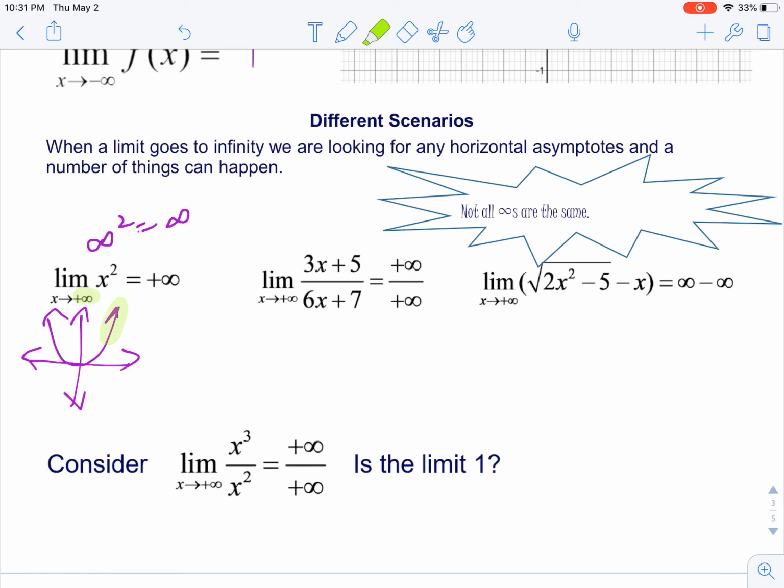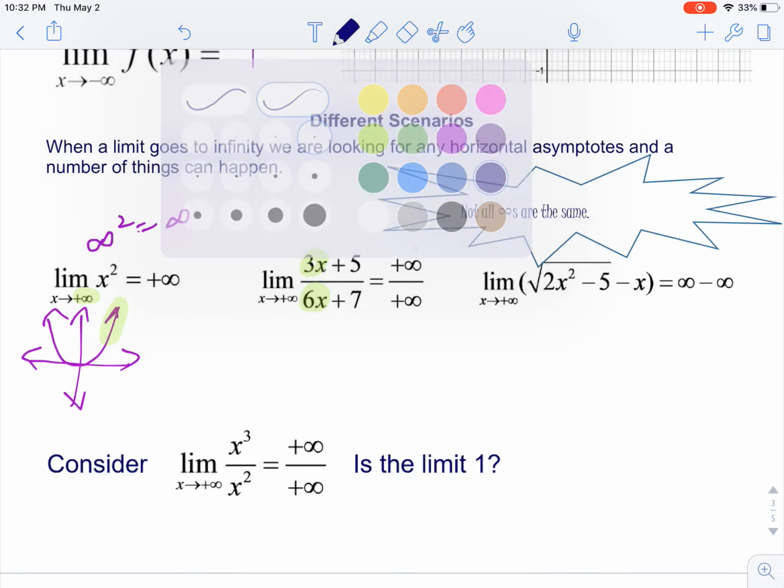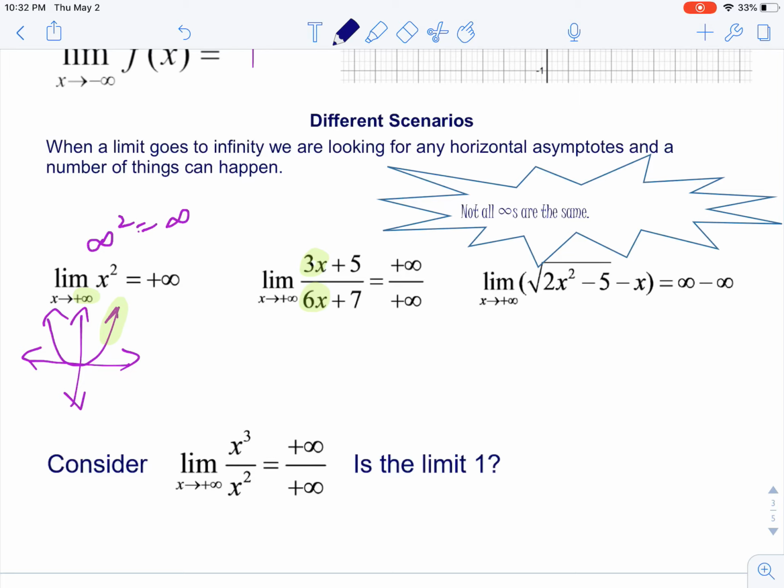Okay, now here again, if we plug in infinity in both the numerator and denominator, you're going to get infinity over infinity, but that's not actually your answer. What you want to do is think about your horizontal asymptote. So our horizontal asymptote rules say that if the degree is the same in the numerator and denominator, then we're going to take those coefficients.